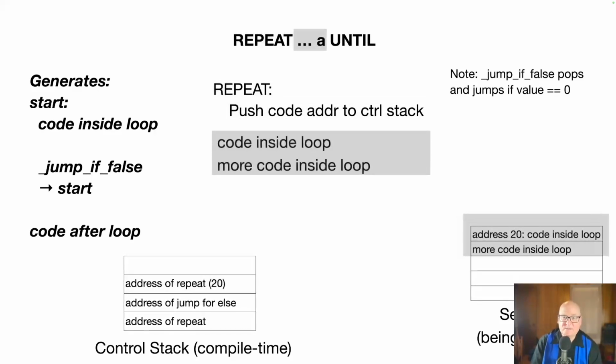Next, we're going to generate the code inside the loop. So code inside the loop, more code inside the loop, and that generates 2 values in the secondary, or however many there are. It could be any number of instructions. But the key thing is they start at address 20, and whatever code there is gets put in the secondary.